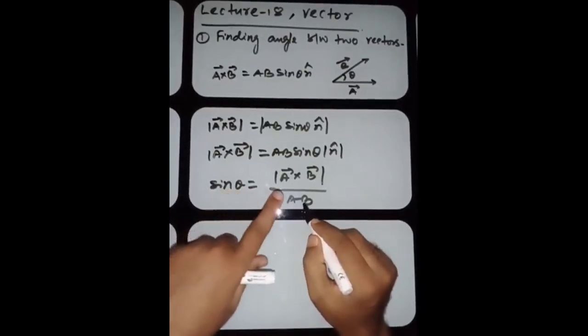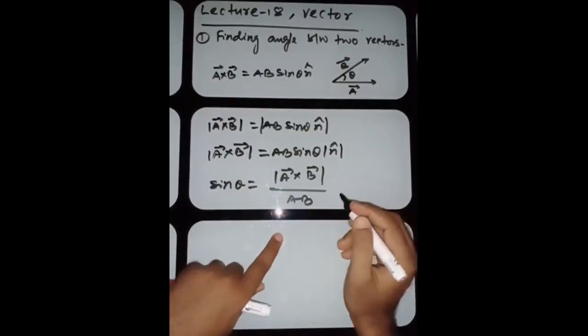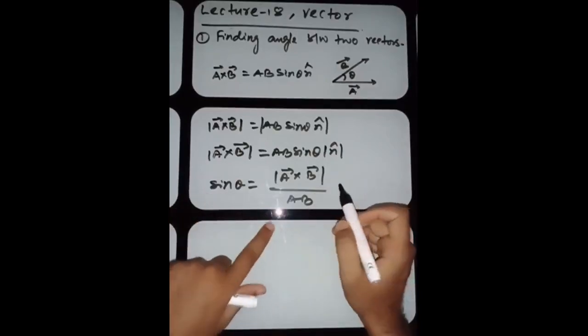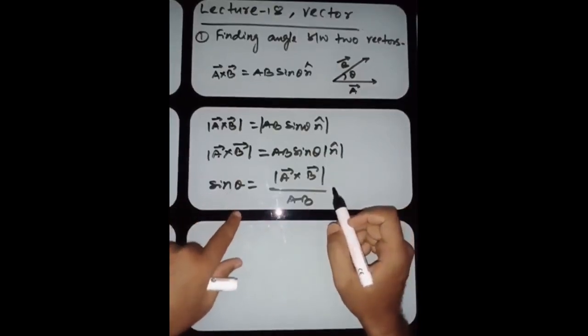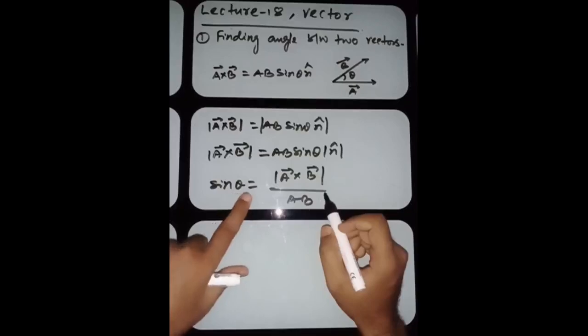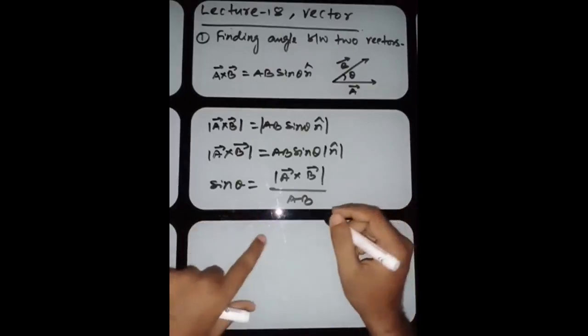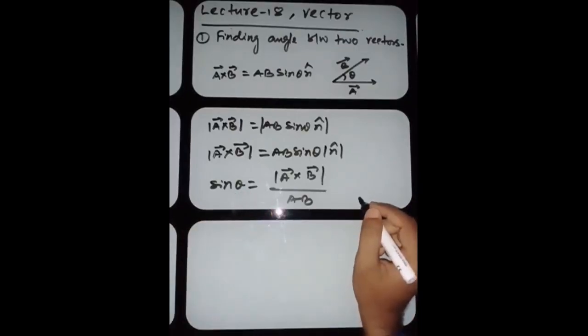Theta will be sine inverse of mod of A cross B divided by AB. But this method is a little time taking compared to the dot product. Using the dot product you can find the angle easily, but if you are asked to find the angle using the cross product, then you can use it this way.